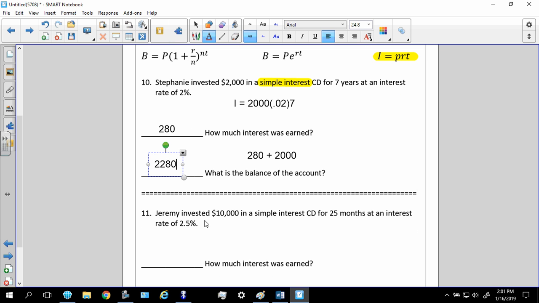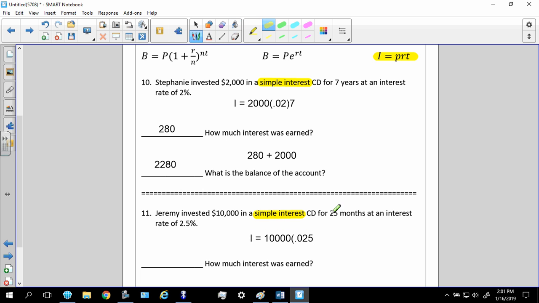So Jeremy invested, question 11. Oh, here's another one, simple interest. So again, it's the I formula. I is equal to, now we're at $10,000, parenthesis, 0.025, but notice that we have months. T has to be in years.